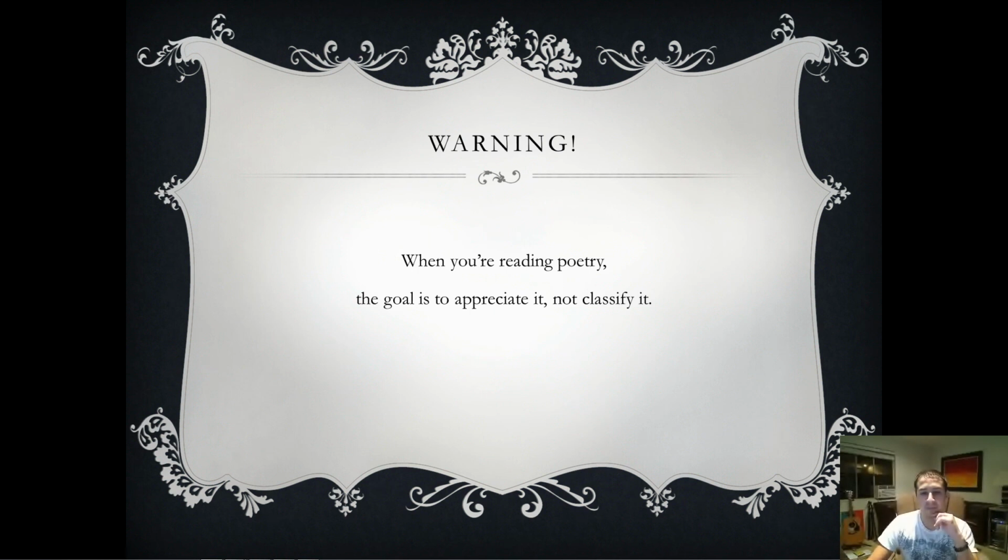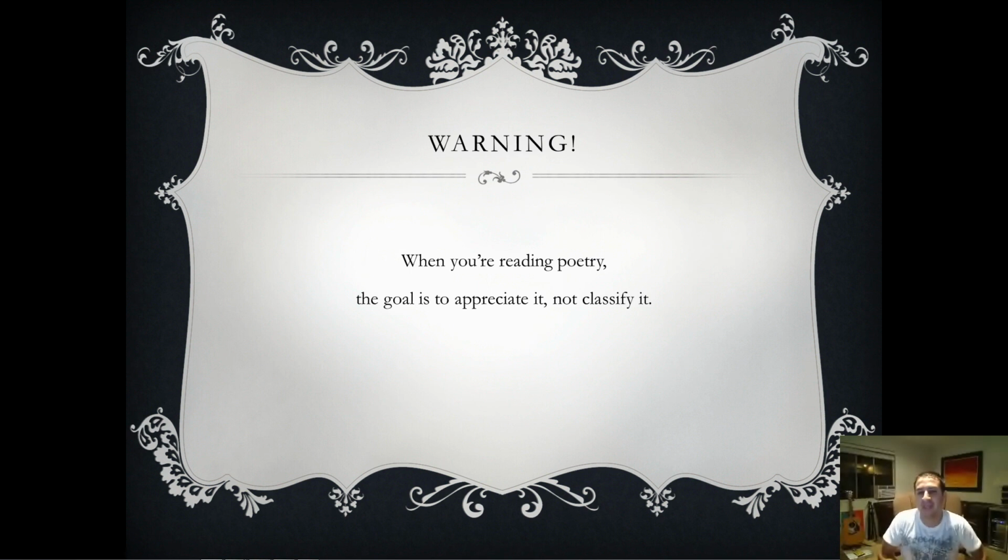That's not the goal. In fact, even if you read a poem and you don't know what the various parallelisms are, that's okay. Because really the ultimate goal in understanding poetry is to appreciate it, is to know what the author is doing, how he's using the imagery, and then to appreciate it. So don't get hung up on these definitions I'm about to give you.